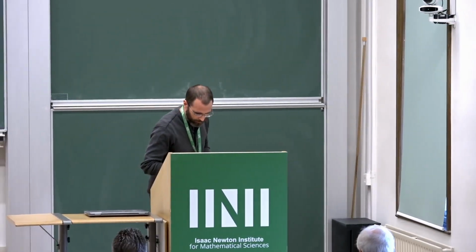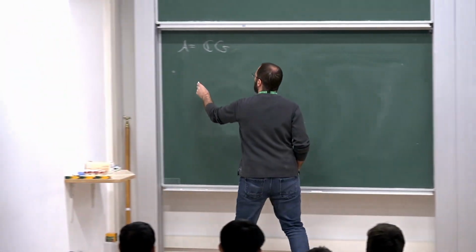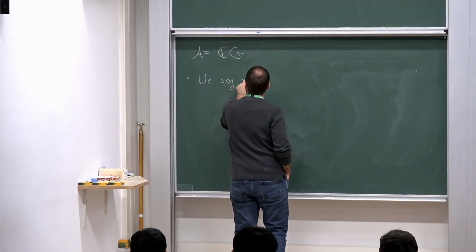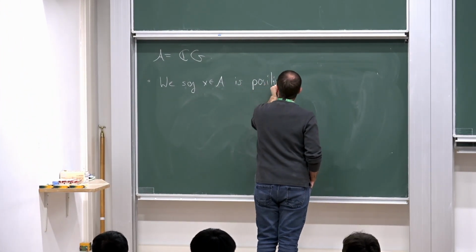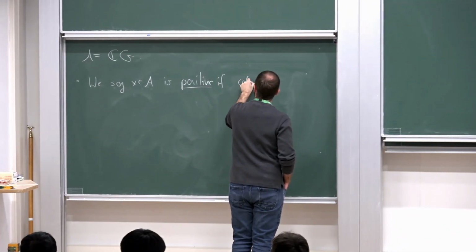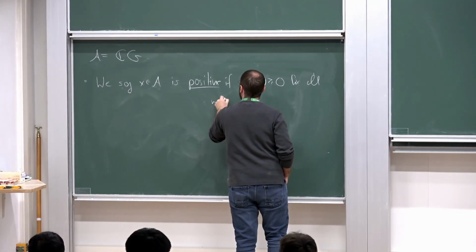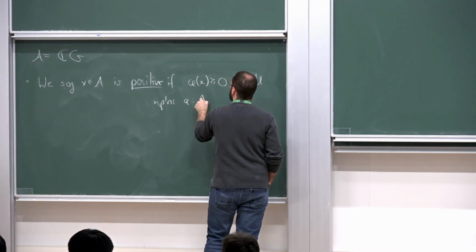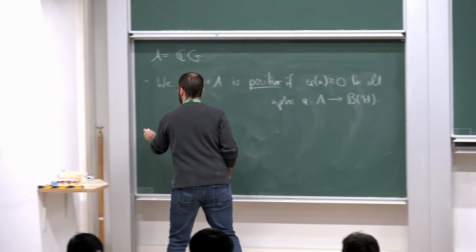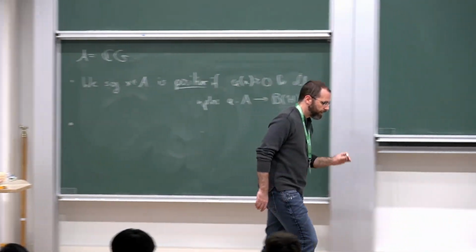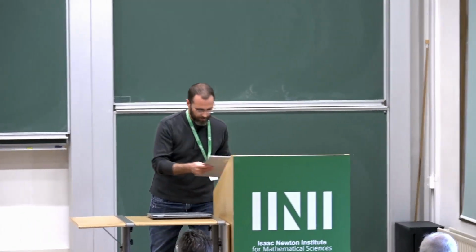So we'll say x is positive, we covered this one, if phi of x is greater than or equal to 0 for all representations phi from A to B(H).